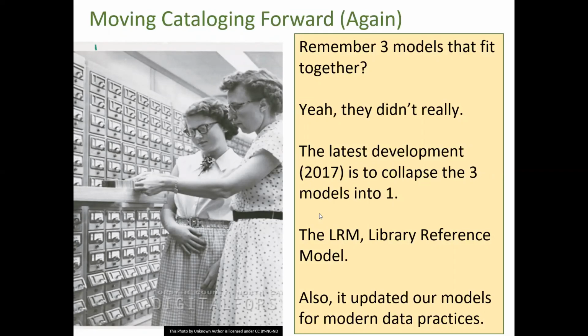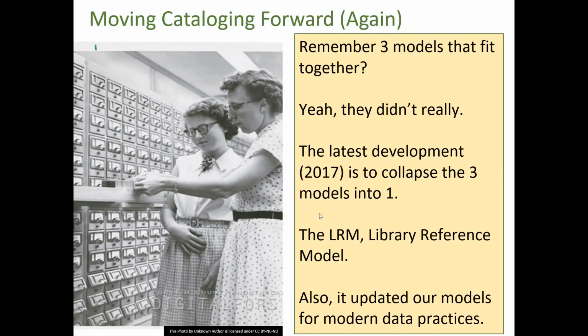One of the models, the functional requirements for subject authority data, was never completed, so it was never finished. And these models didn't really work together anyway. So really the only thing you need to know about the models is if you just understand what Ferber is, what we've talked about here, that functional requirements for bibliographic records, and then those user tasks, because the user tasks are really one of the big pieces that came out of that.